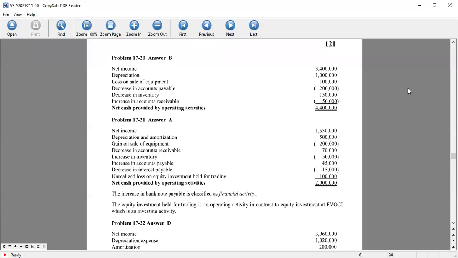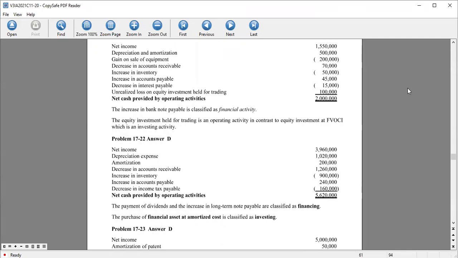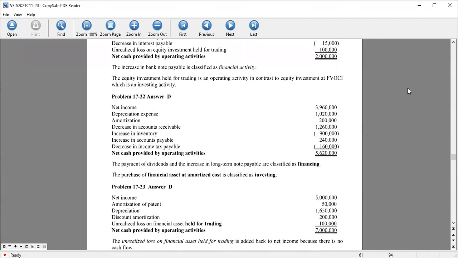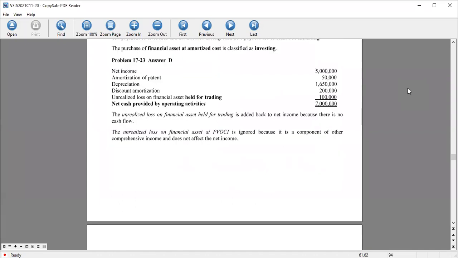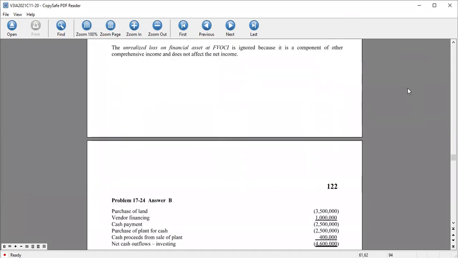So number 21 is letter A. I'll just share screen. Number 21, it's still operating. Number 22 is still operating. And number 23 is still operating.